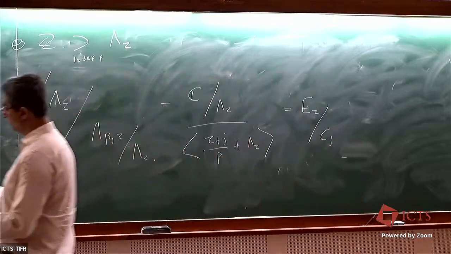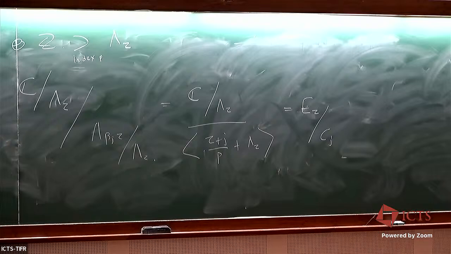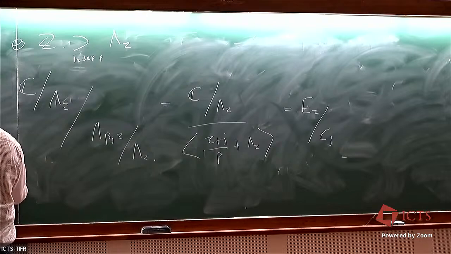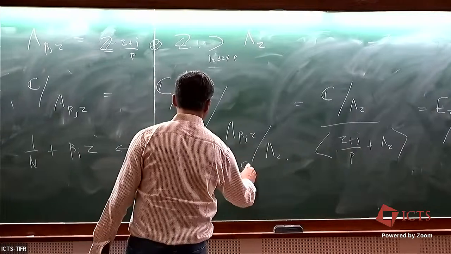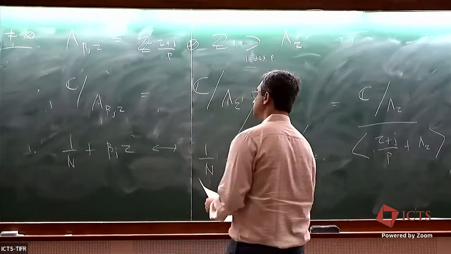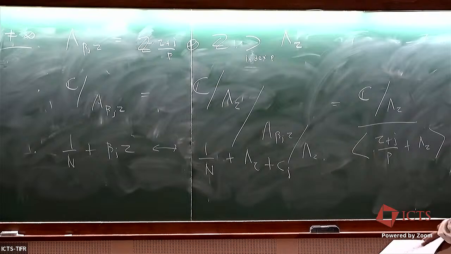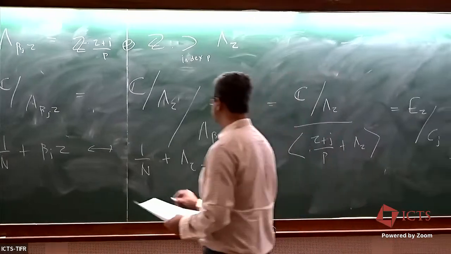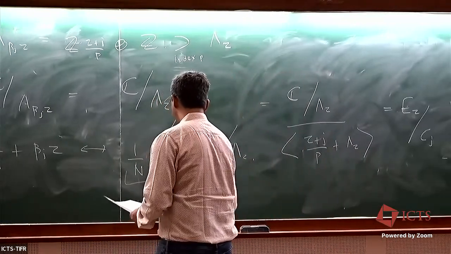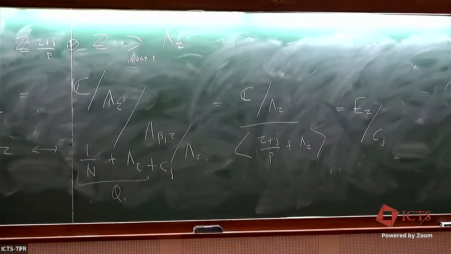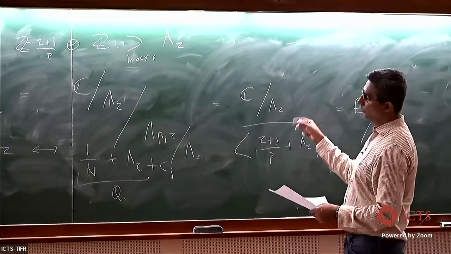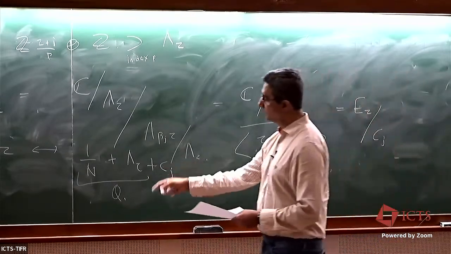The second one is similar. So 1 over n plus lambda beta_j tau, what does this correspond to? This is the point Q. In this third isomorphism theorem, if you want to write 1 over n, the correct notation is Q plus C_j.